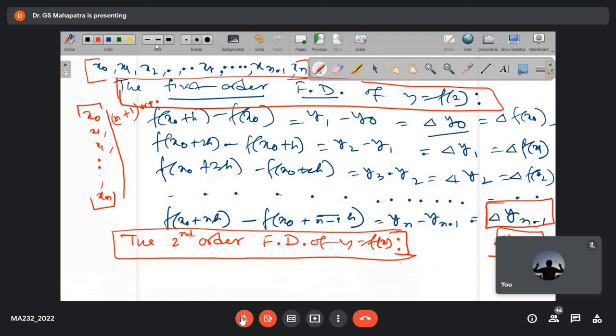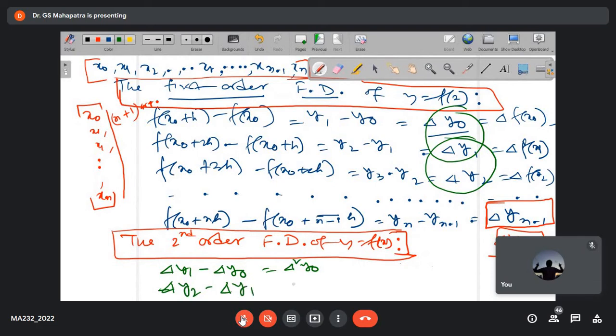So in this case, del of y1 minus del of y0 equals del 2 y0. This is the first one, if you consider these two. Now next two: del of y2 minus del of y1. Have you studied this earlier?